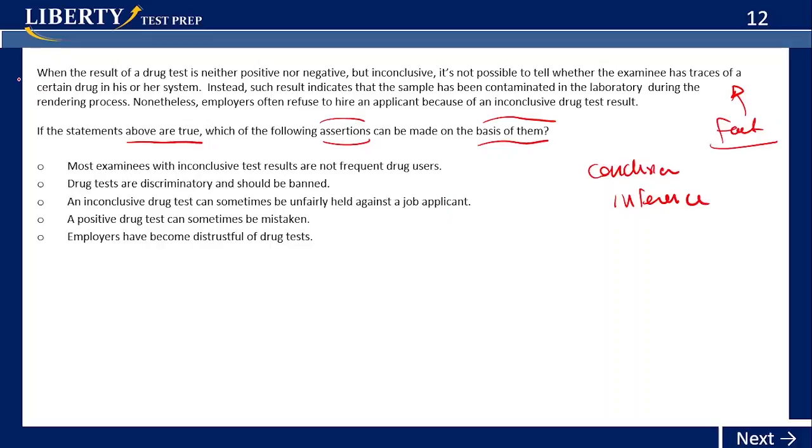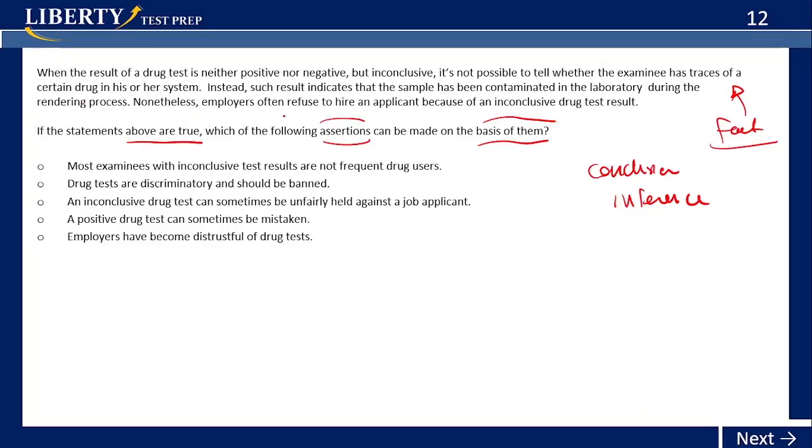Let's read the argument. When the result of a drug test is neither positive nor negative, but inconclusive, it is not possible to tell whether the examinee has traces of a certain drug in his or her system. Instead, such a result indicates that the sample has been contaminated in the laboratory during the rendering process.